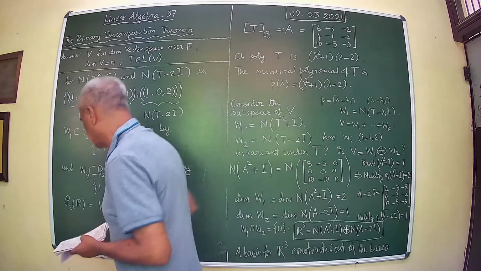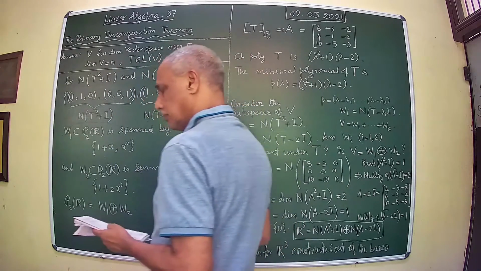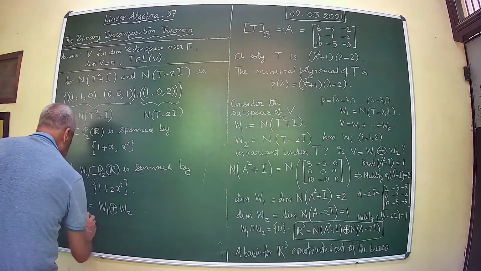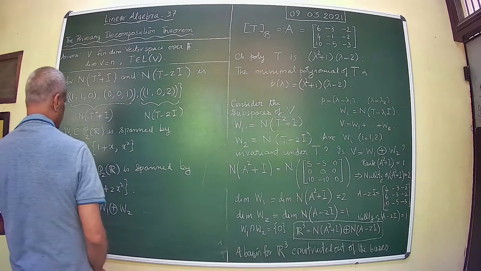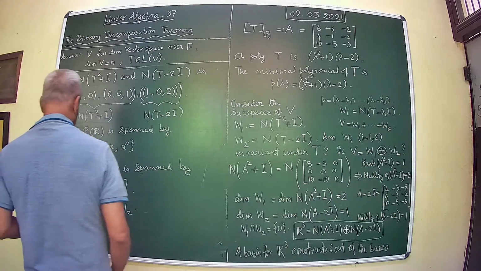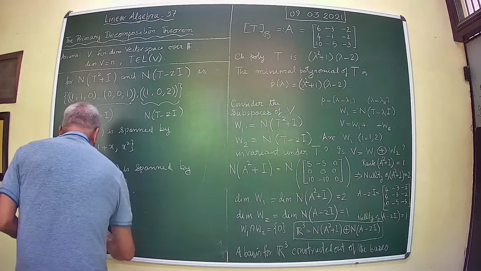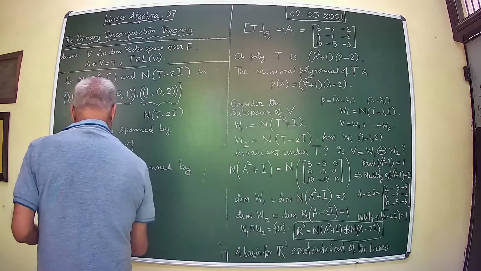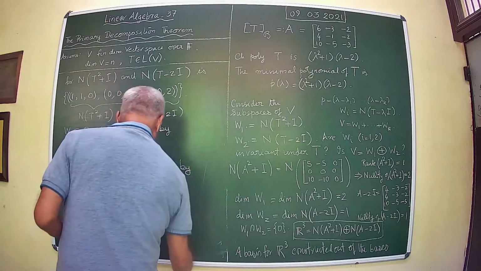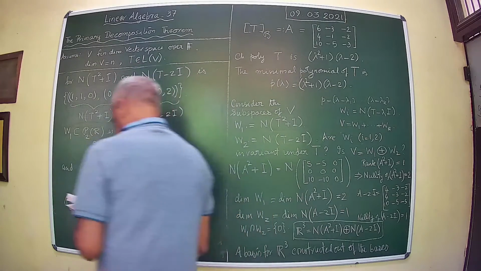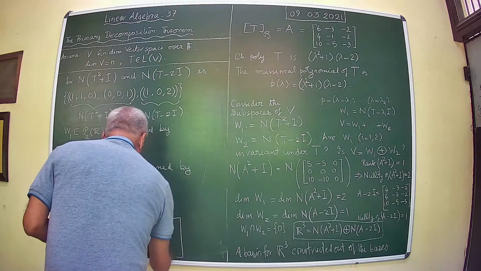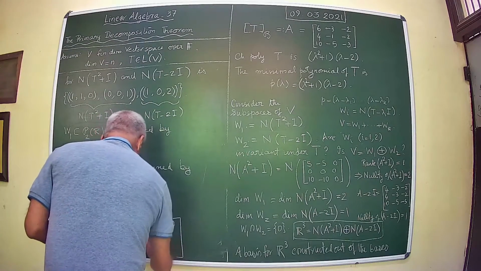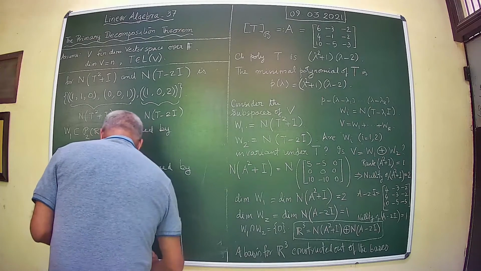You can easily see, with a lot of computations involved, that with respect to the new basis the matrix is minus 2, minus 3, 0 and 0, 0.